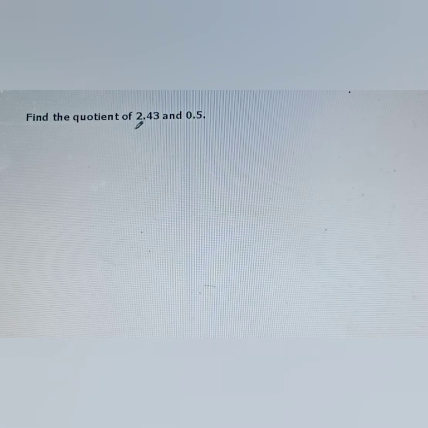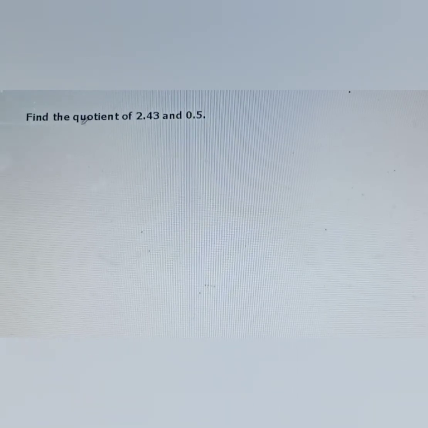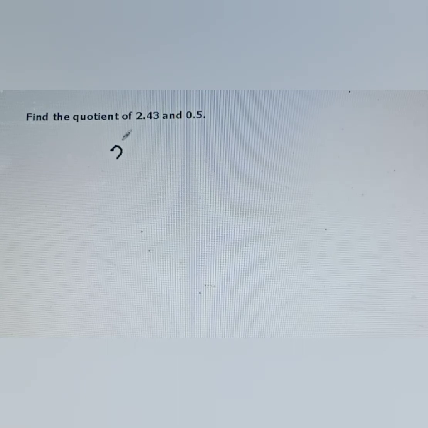Find the quotient of 2.43 and 0.5. To get the quotient, we simply divide these two numbers, right? So let me write 2.43 divided by 0.5.